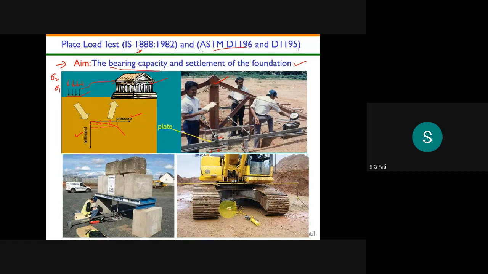Can you see the plate here? With the help of this hand operated pressure gauge, we will apply the pressure so that it will try to lift this crane. In turn it will take a reaction and apply it on this circular plate.